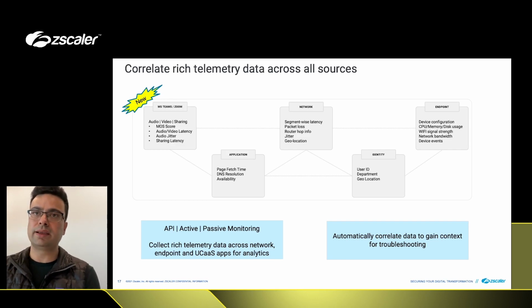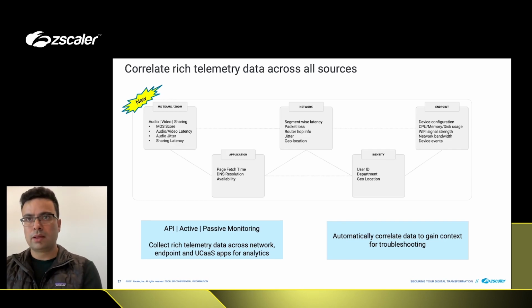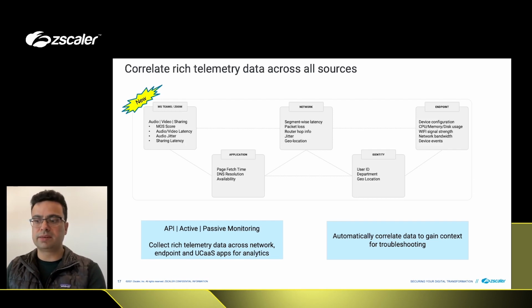So if I have opened a ticket at 10 a.m. in the morning, you can look at our data within the ZDX system at that time, and you can see if the user was on a Teams call or on a Zoom call, what was their latency that we are getting from the application side, but also the network path and endpoint metrics in a single place.